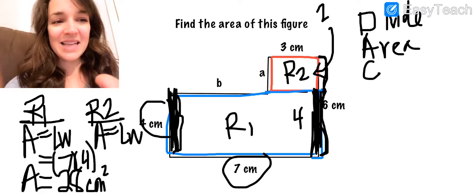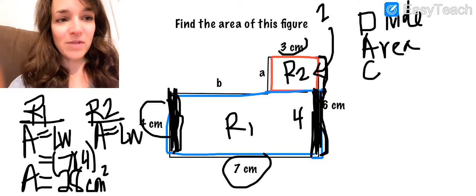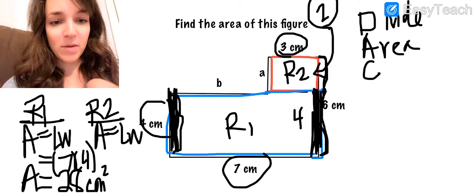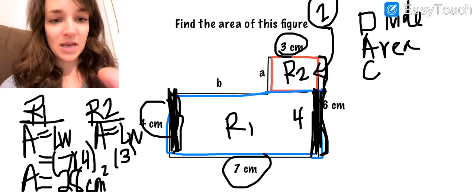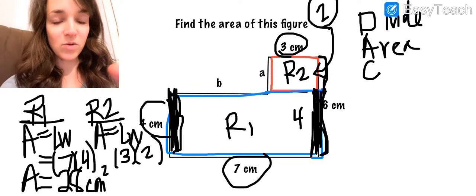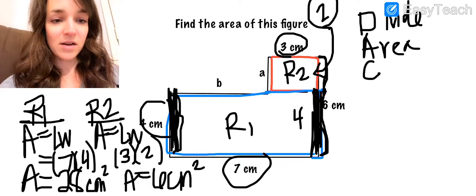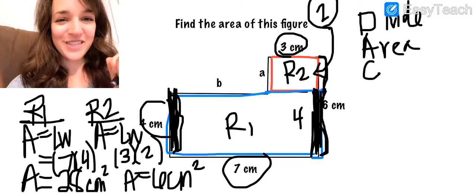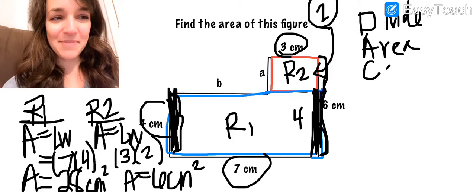So that tells me that my length of my short rectangle is 3 and my width is 2. So I'm going to be multiplying 3 times 2 on this one, which equals 6 centimeters squared. I am almost done, but I have one more step, and that is to combine.